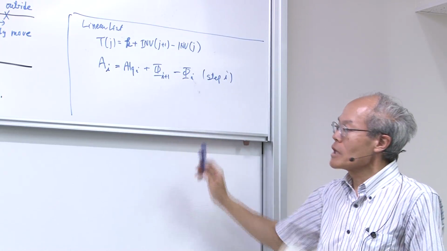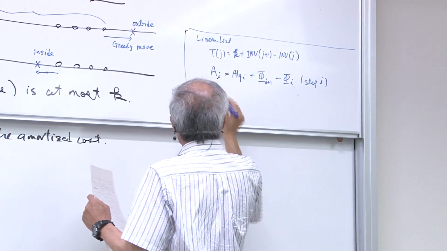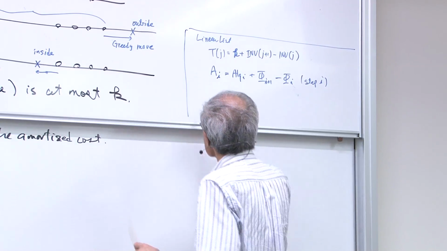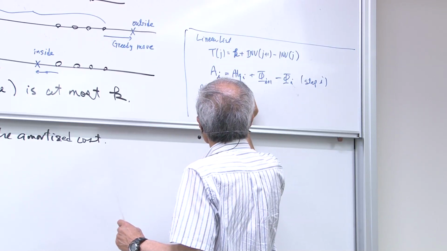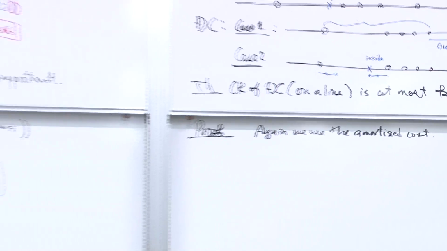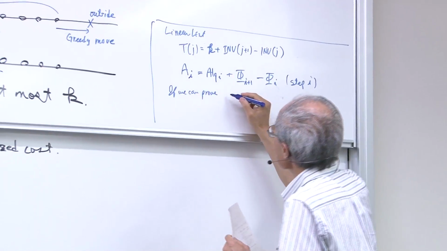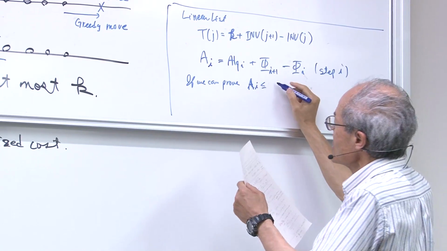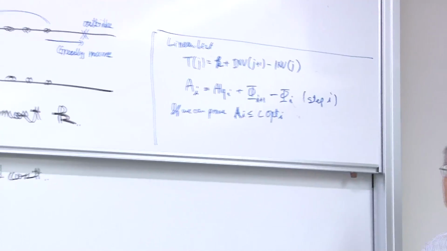Okay. Then our goal is to prove that if we can prove this amortized cost AI is at most C times opt, then we are done.